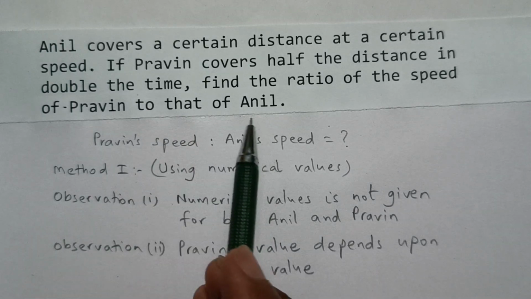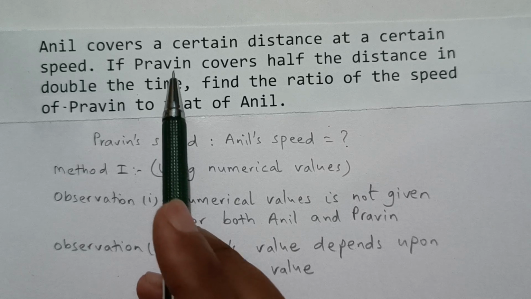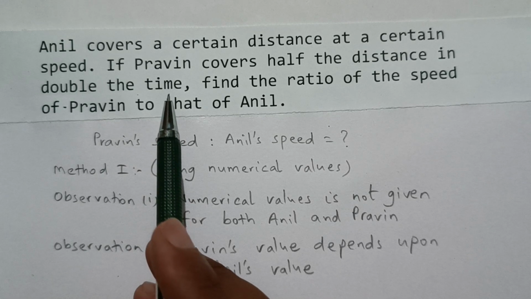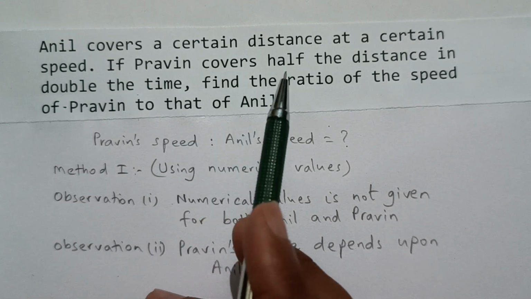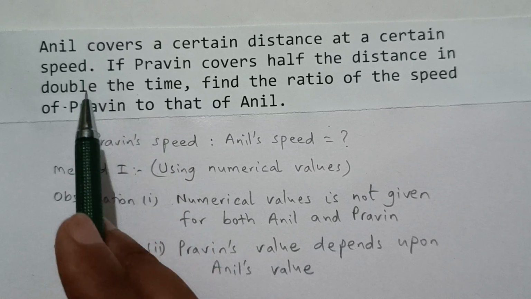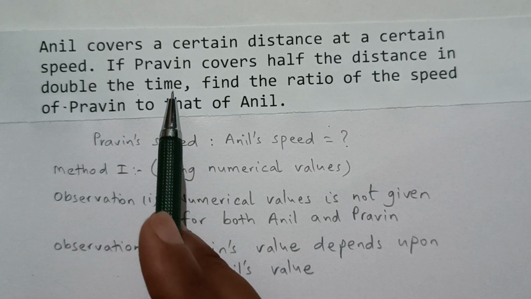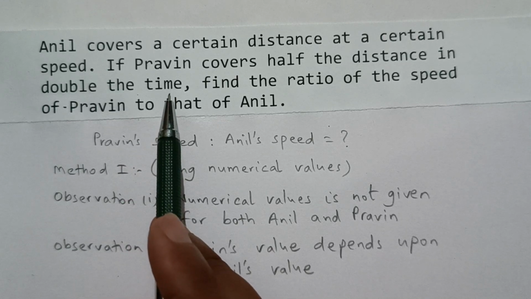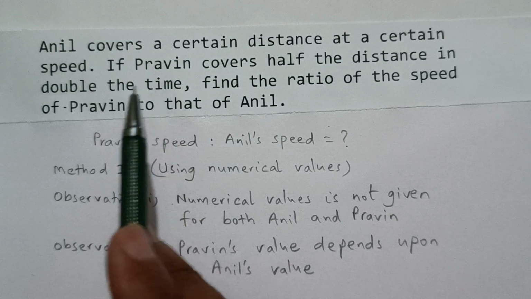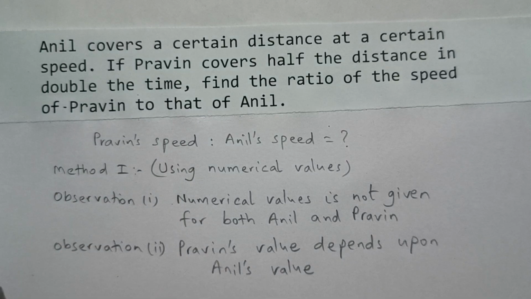Similarly, the time taken by Praveen depends upon the time taken by Anil, because it says that if Praveen covers half the distance in double the time, so double the time means double the time taken by Anil. So whatever time is taken by Anil, Praveen will take double of that time.